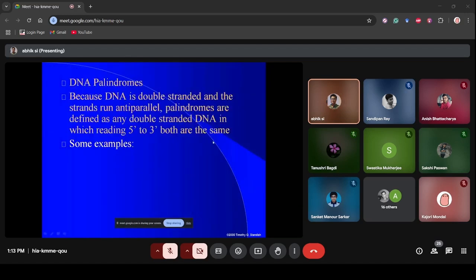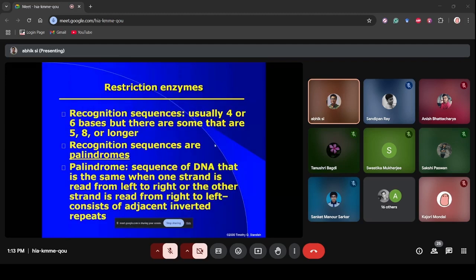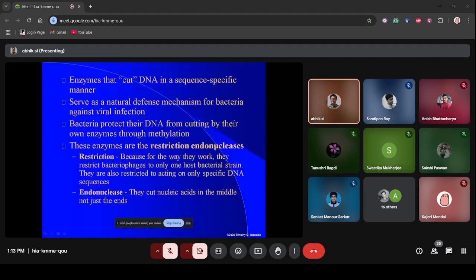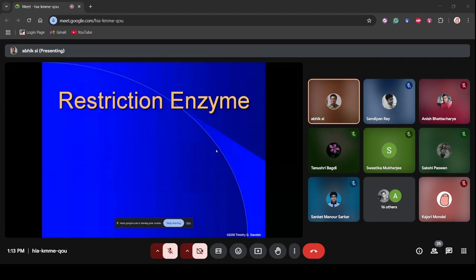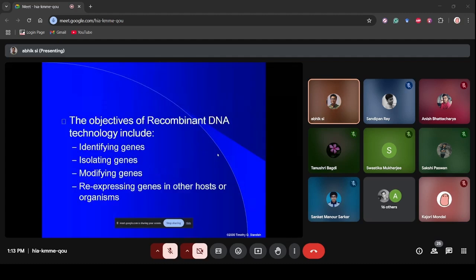Now coming to the first slide, recombinant DNA technology. In your syllabus, that is genetic engineering.